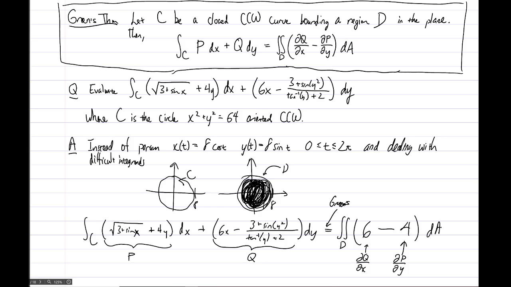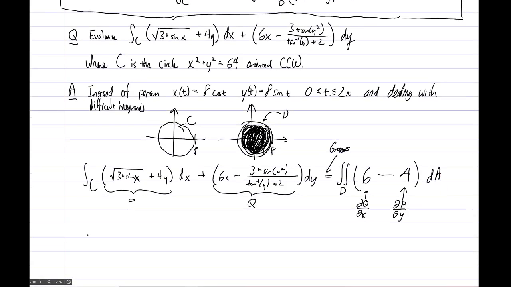Okay, dA. So check this out. What we end up with here is equal to the double integral over the region D of just the constant 2, dA, constant function 2. Now, we could start writing this integral, x from negative 8 to 8 and y from negative root, we can do all that.